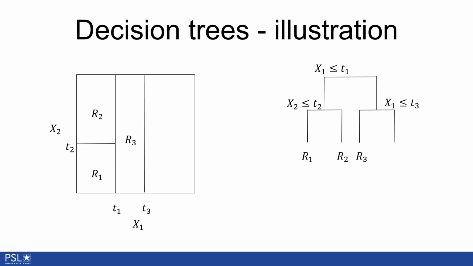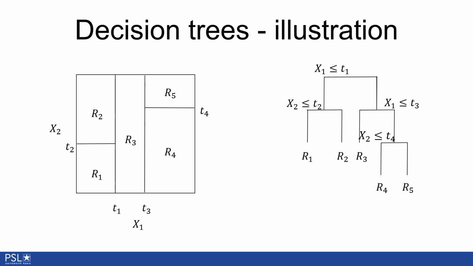If x1 is larger than t1, then the next step is to compare x1 to a third split point t3, which defines two additional subregions. And if x1 is smaller than t3, this defines the region R3 in our final partition.